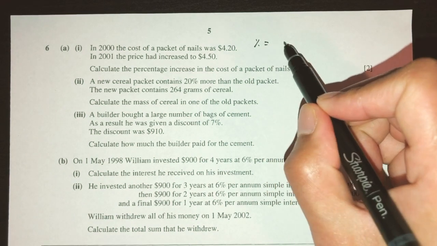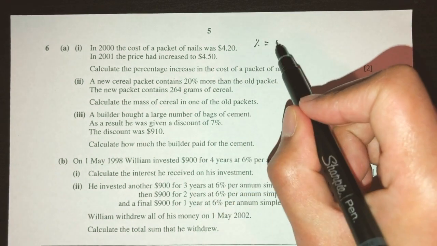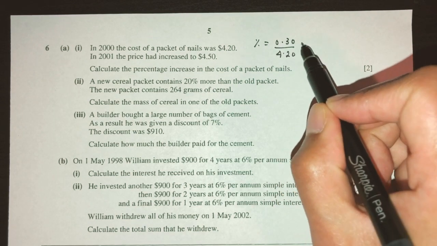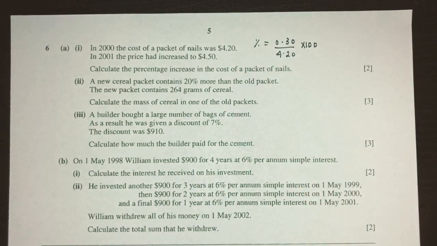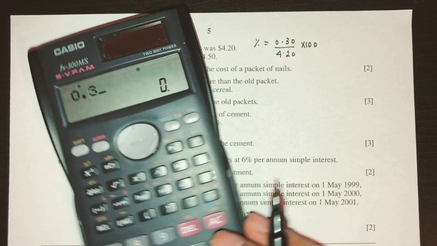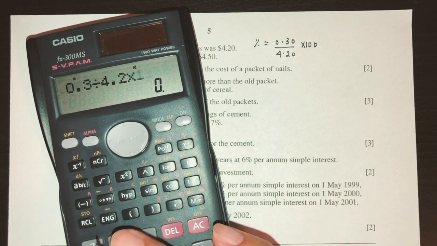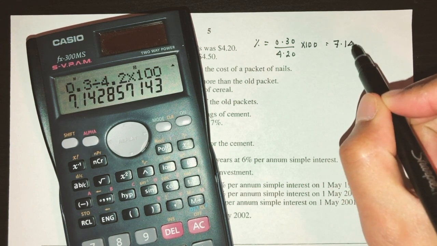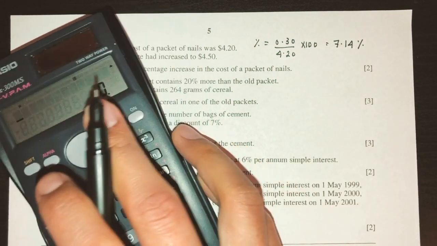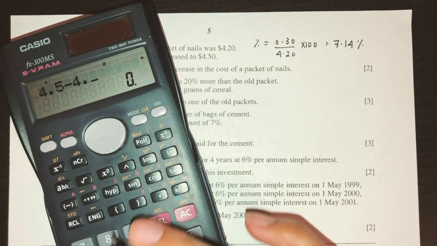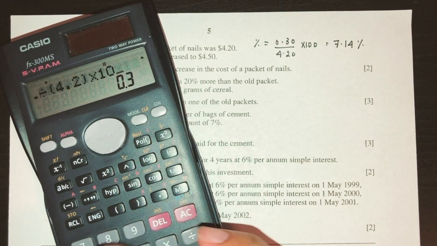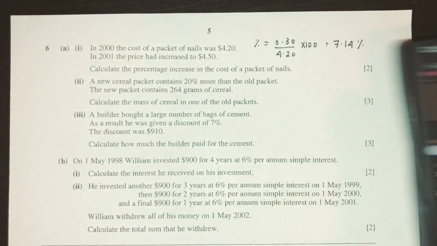The increase is 4.50 minus 4.20, which is 0.30, divided by initial cost times 100 for the percentage. So 0.3 divided by 4.2 times 100, that will be 7.14%. You can always double check. So 4.50 minus 4.2, that's the increase, divided by initial price times 100. Yep, that will be your answer for part 1.